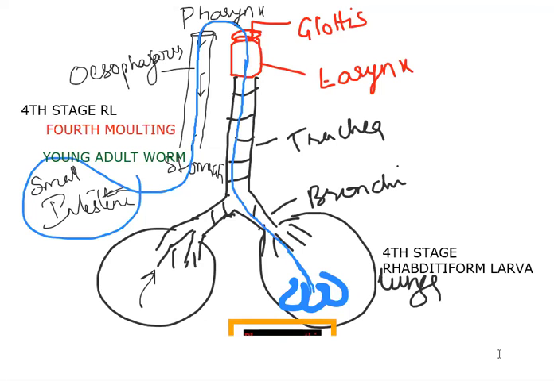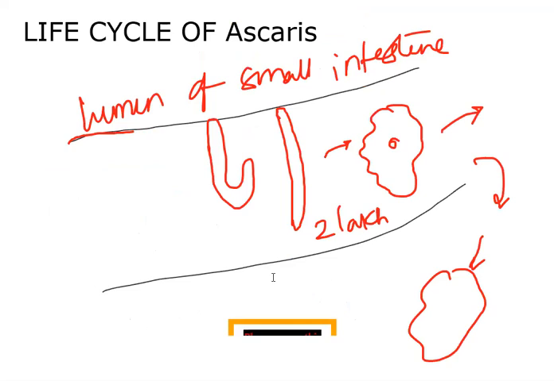Let me take a look back again. Let me show you the story from here. The life cycle of Ascaris lumbricoides: after the completion of copulation in the small intestine of man, the Ascaris female lays about 2 lakh mammillated eggs per day.